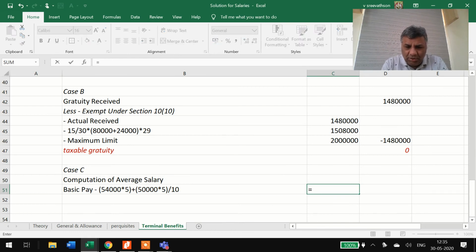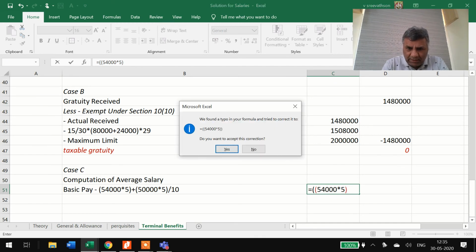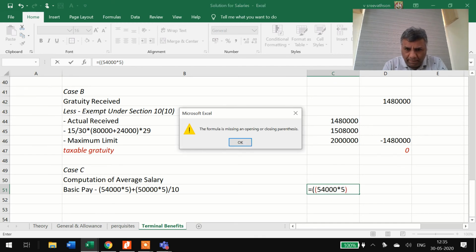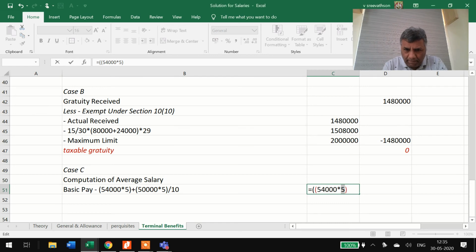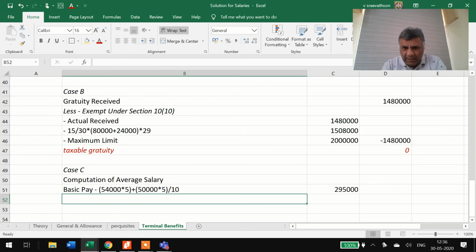So 54,000 into 5 plus 50,000 into 5 divided by 10. Is this his average basic pay?